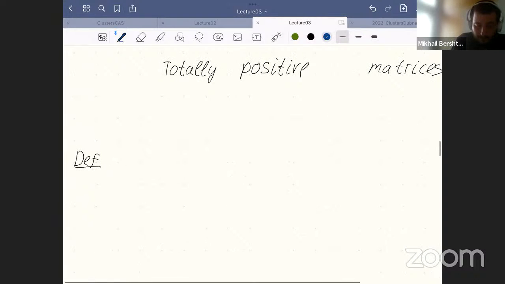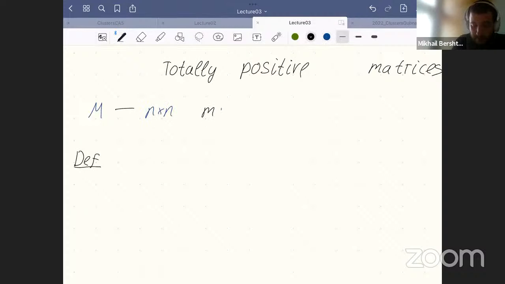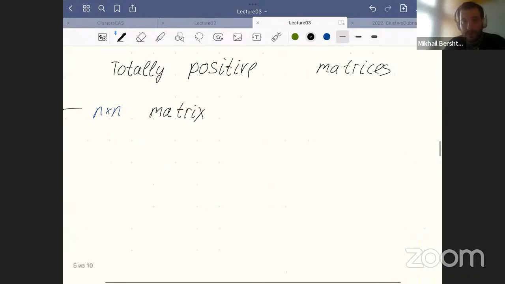M will be an n by n matrix. So now the new topic. If you missed something before, you can now listen once again. So M is an n by n matrix.